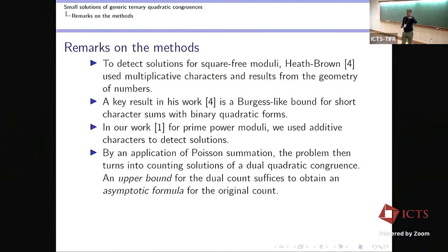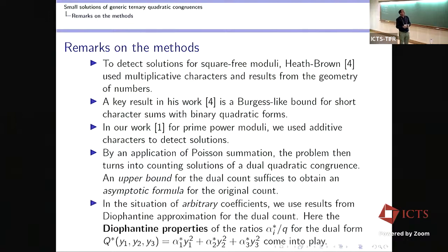So when it was n before, the dual range will be q divided by n, modulus divided by n. Then one can isolate the main term easily, that is just the zero frequency, and then you just need an upper bound for the dual count to get a bound for the error term.